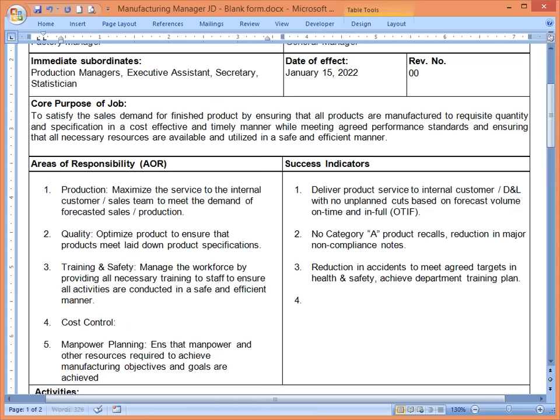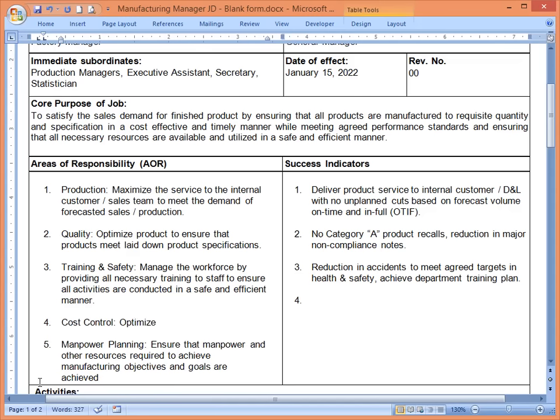You're ensuring the head count, right? Ensuring that manpower, I think that's correct. For cost control, I think the word optimize is the right word. So let's say optimize, because you're ensuring that manpower and the resources required to achieve manufacturing objectives and goals are achieved. So here we have to optimize.